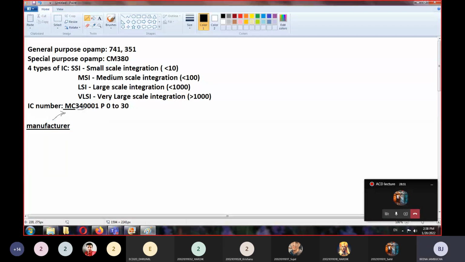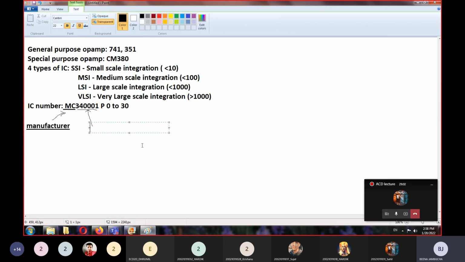Then the number of the IC is there, and this number indicates the type of the IC. What kind of IC is this? So this indicates the type of IC, or you can say the application of the IC.